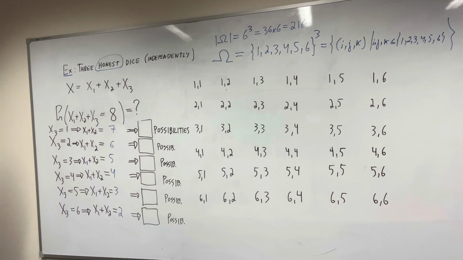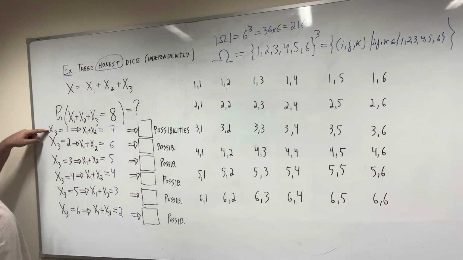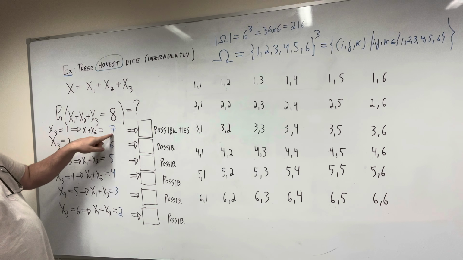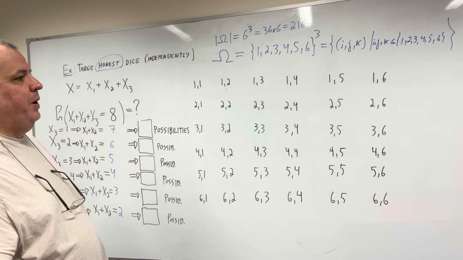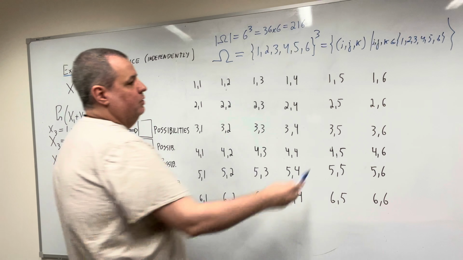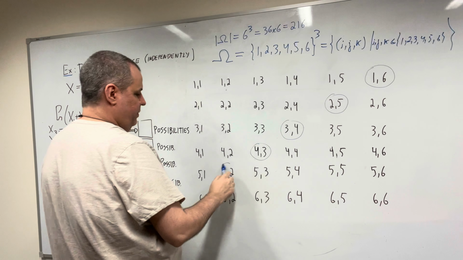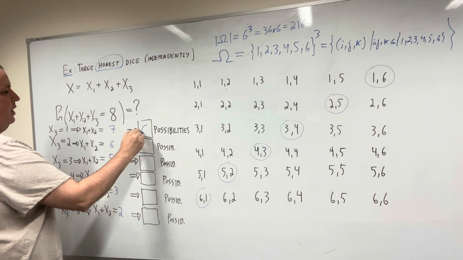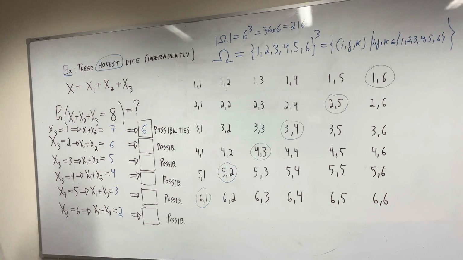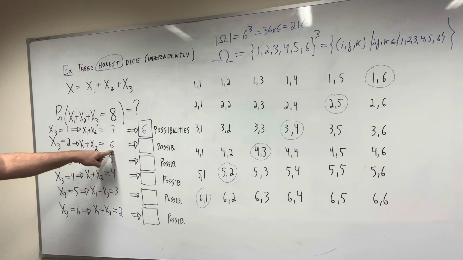Okay? Now, how many possibilities do I have when the third is 1 and the other two add up to 7? So here I have 2 dice and I have pairs, and they have to add up to 7. So that will be here, here, here, here, here, and here. All in all, I have 6 possibilities. Now the next one, x3 is 2, so x1 and x2 have to add up to 6.